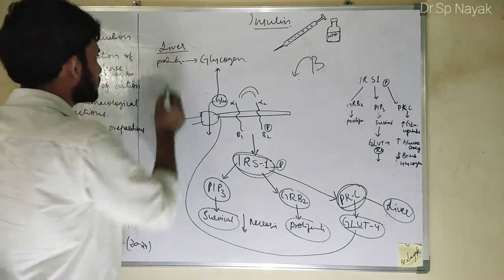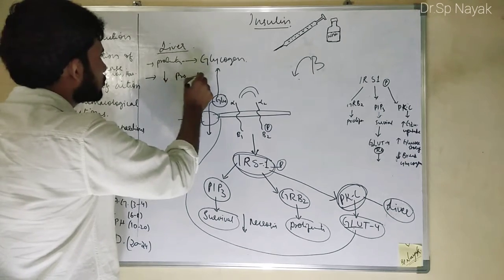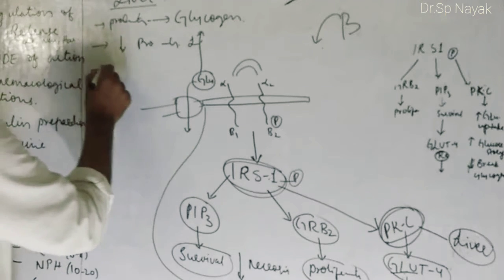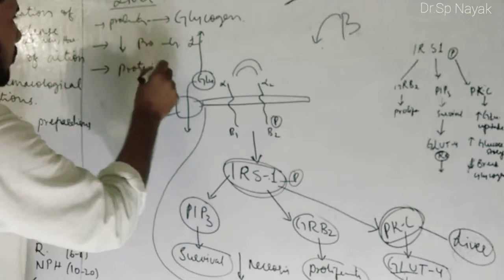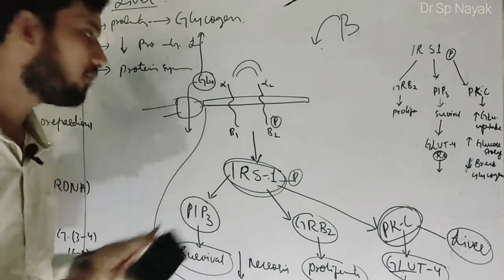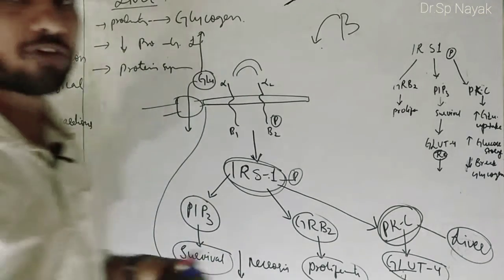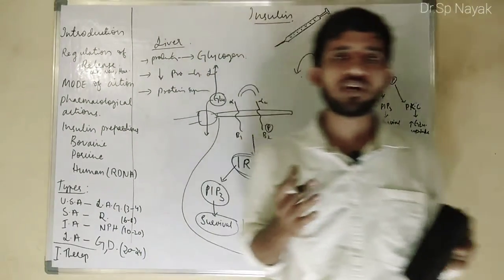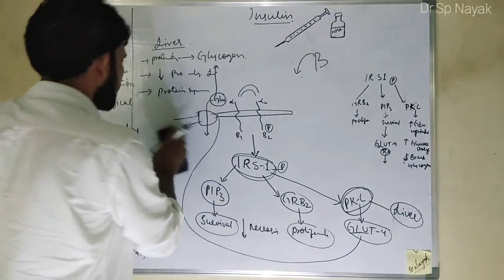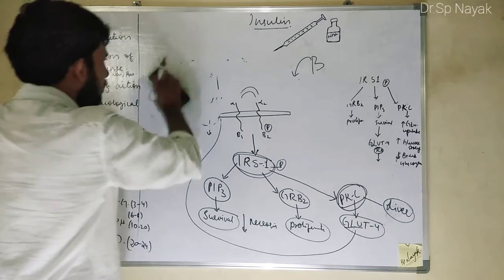That is one action, and it reduces production of glucose from the liver, and it causes protein synthesis. So these are the major functions of insulin on the liver. So this is about the mode of action of insulin, and in this way finally insulin reduces the glucose content in the blood. So it helps in hyperglycemia. So these are the functions of insulin in the body.